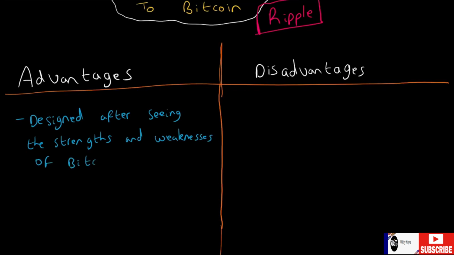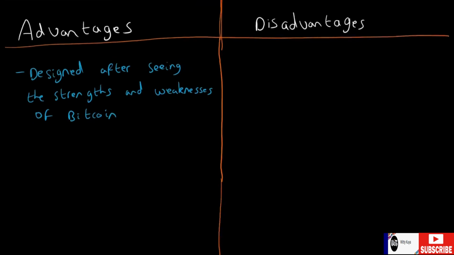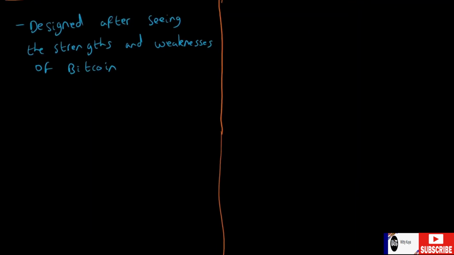So the developers that created it were able to see what Bitcoin did really well, how it did it really well, its philosophy. They were able to see the shortcomings of Bitcoin, whether that was the philosophy or the technology of Bitcoin. And well, they've been able to see that. I'm not saying it's the ultimate system now, far from it, but they've been able to see that.